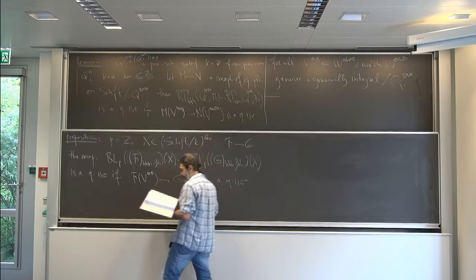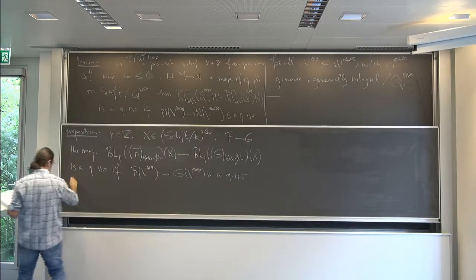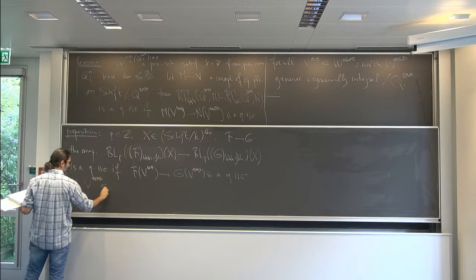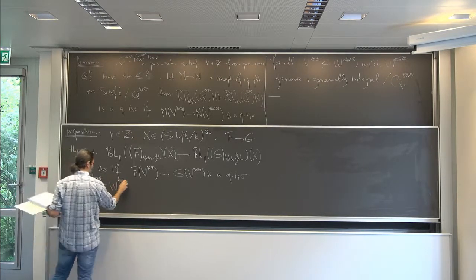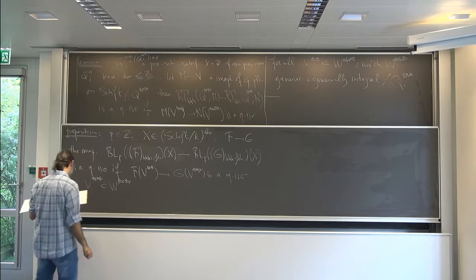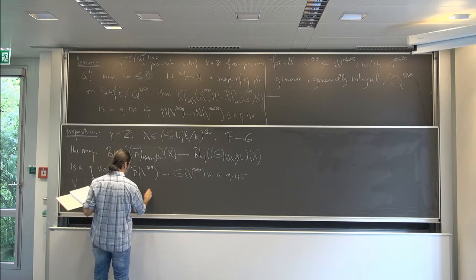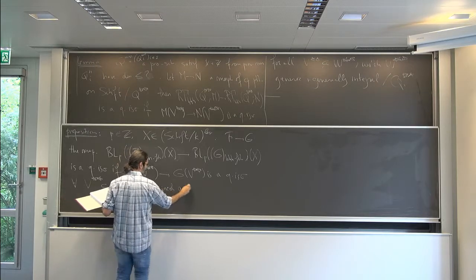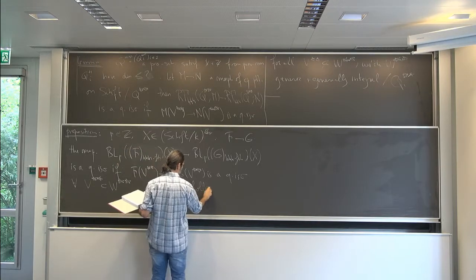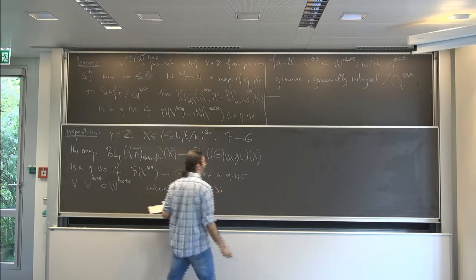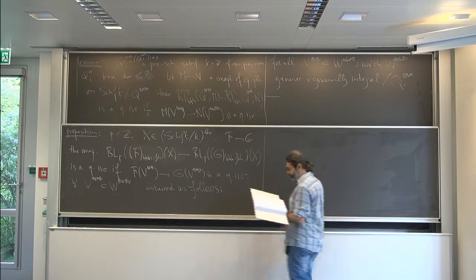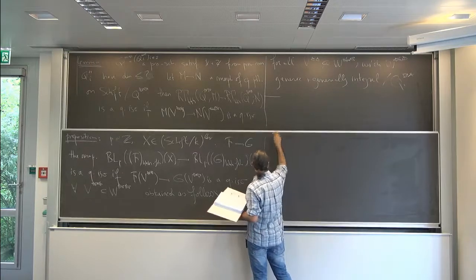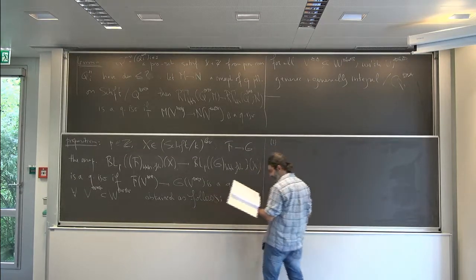Okay, for every V star star in W star star obtained as follows. So how do you do this? It's in 3 steps.